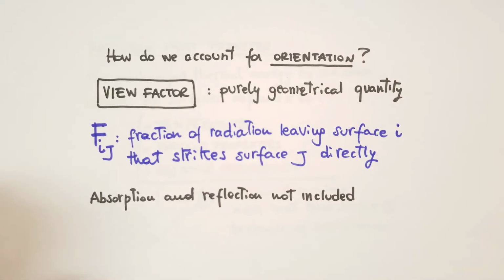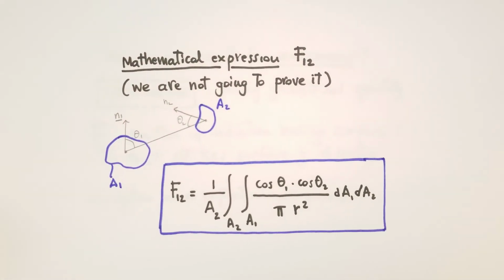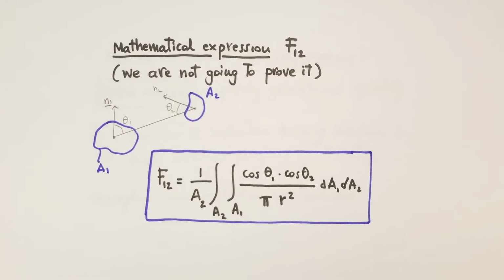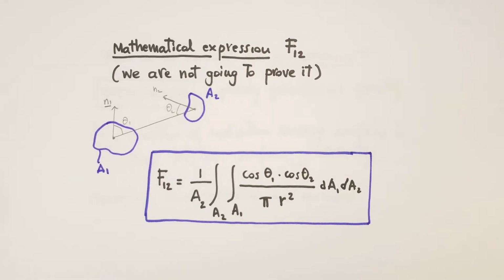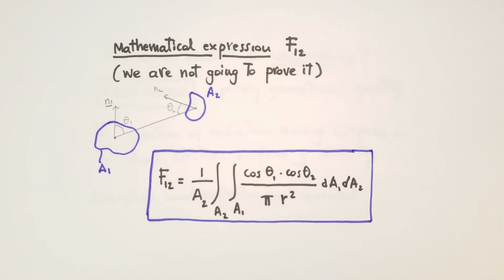If you read the books, for example, the Cengel book on heat transfer, there's a complete mathematical derivation of a view factor. For example, F12, the view factor from surface 1 to surface 2, has this mathematical relationship.